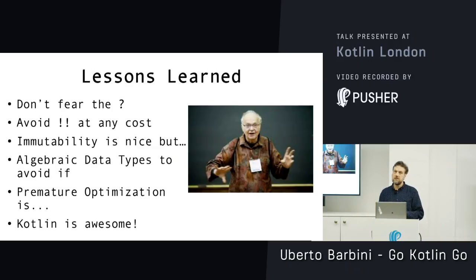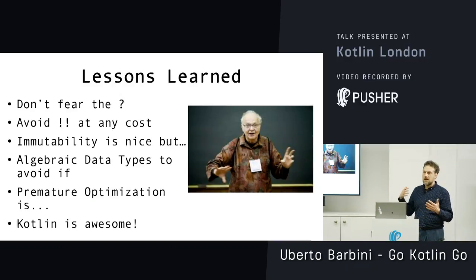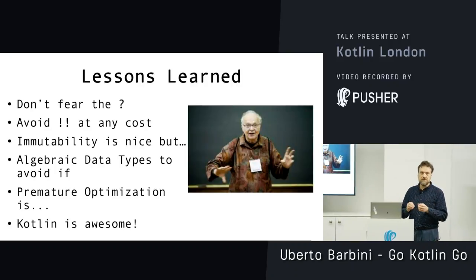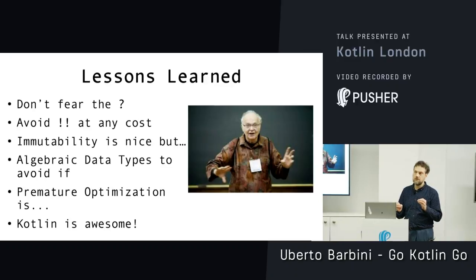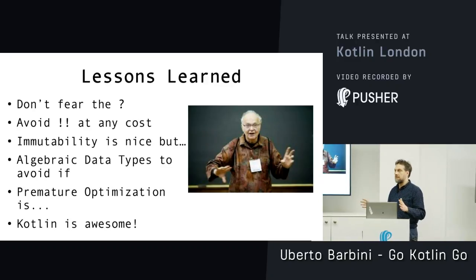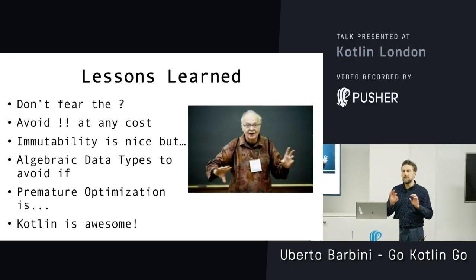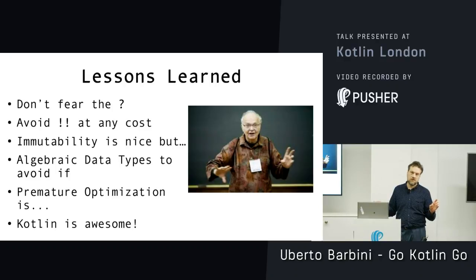And premature optimization is the root of all evil. So you have to think, I mean, it's very good to optimize the algorithm, but before trying to optimize the code, you really have to measure. For example, at the beginning, I tried to put some inlines around, but inlines have absolutely zero impact on performance.